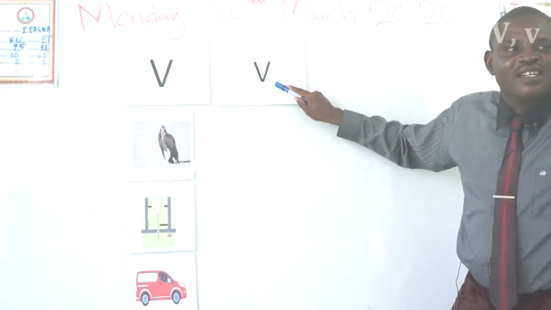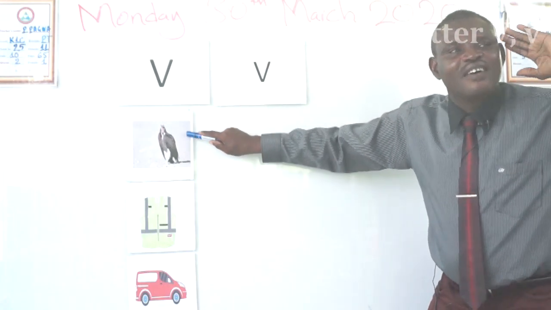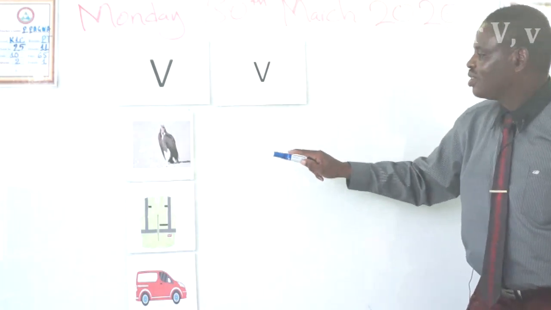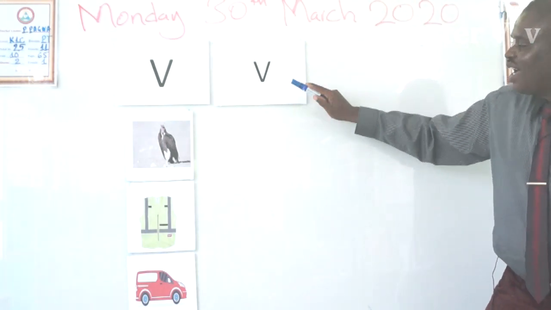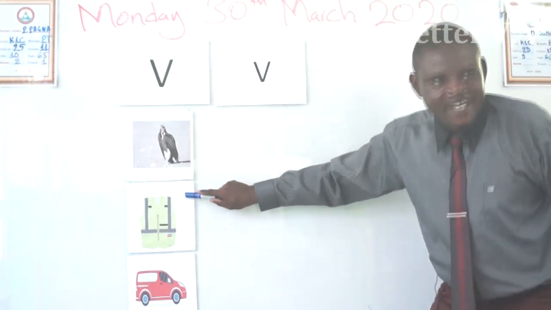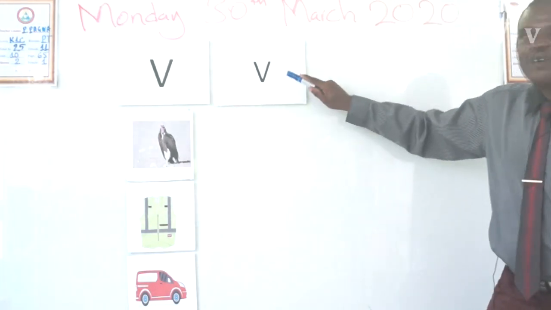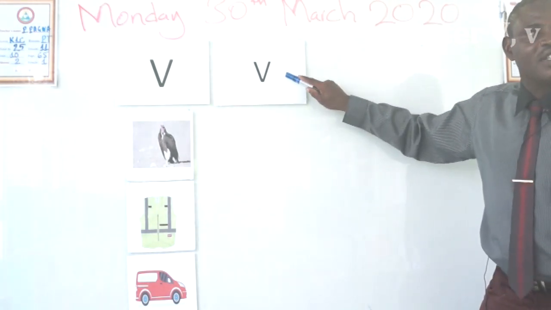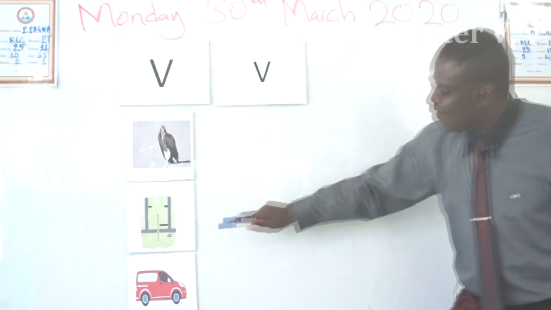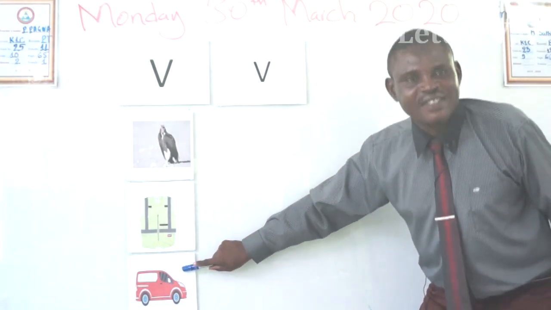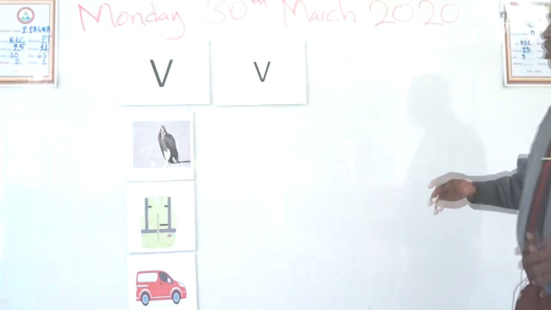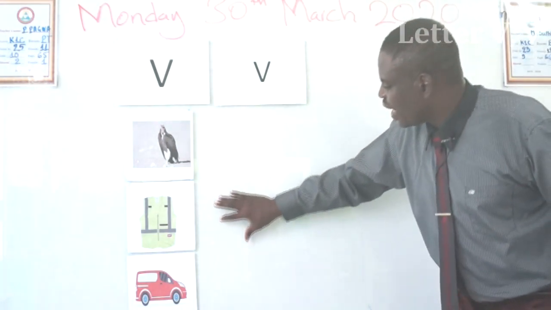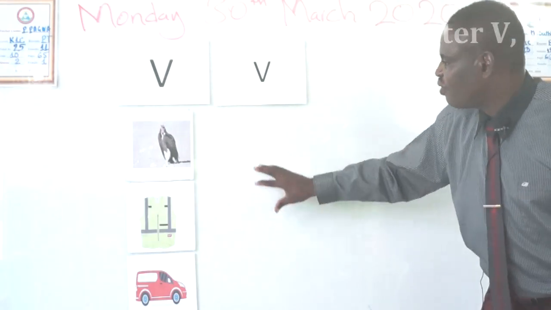Again, v, vulture, good. V, vest, good. V, van. Okay. Let us also look at how we can easily identify them whenever we find them.